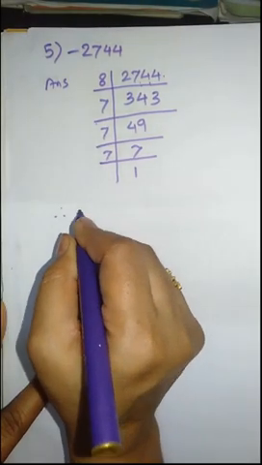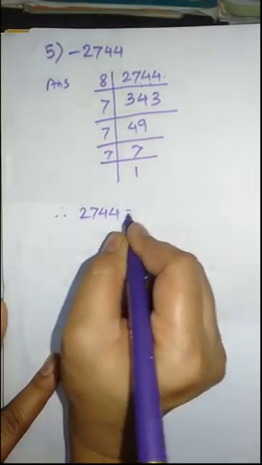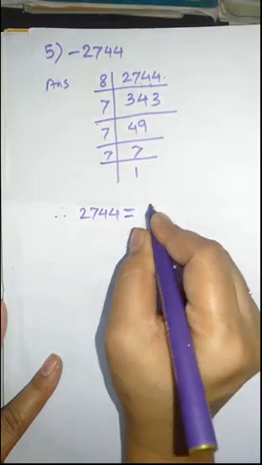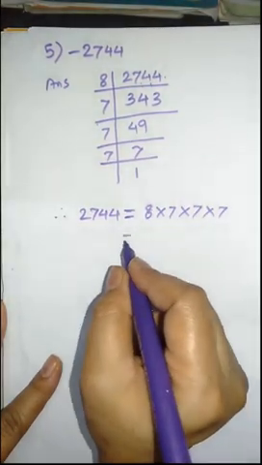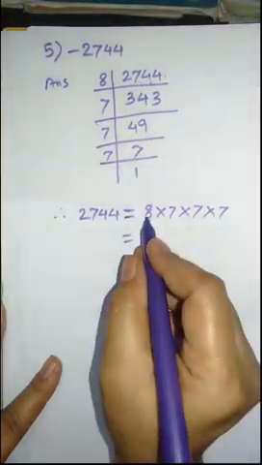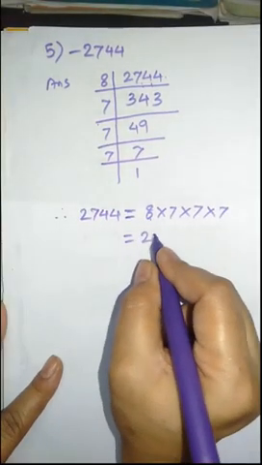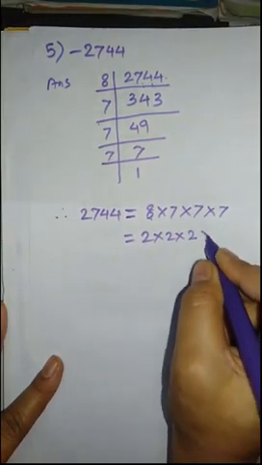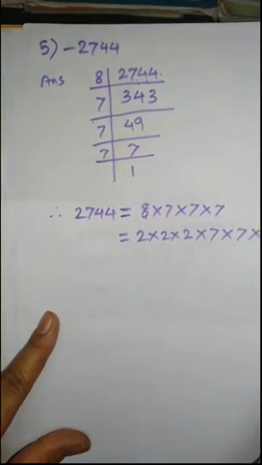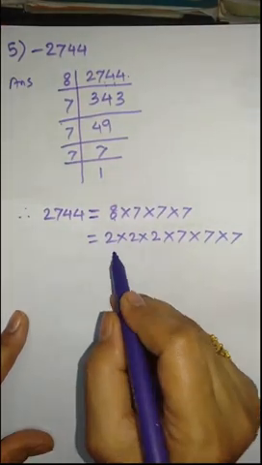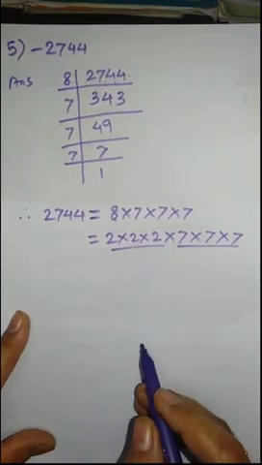Therefore 2744 is equal to 8 multiplied by 7 multiplied by 7 multiplied by 7. So write down the factors of 8 because 8 is a cube of 2. So 2 multiplied by 2 multiplied by 2 multiplied by 7 multiplied by 7 multiplied by 7. So now make the group of 3 same numbers.